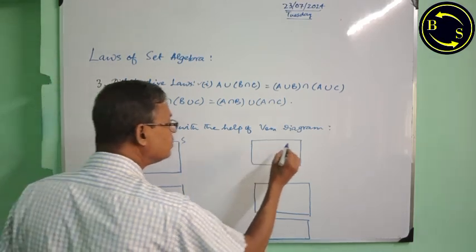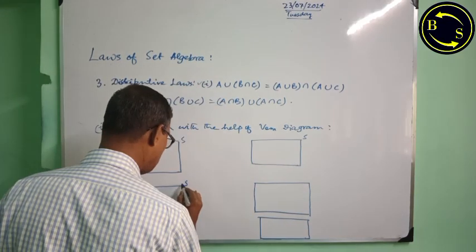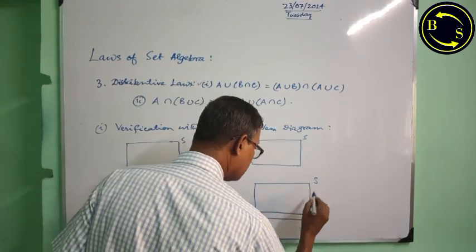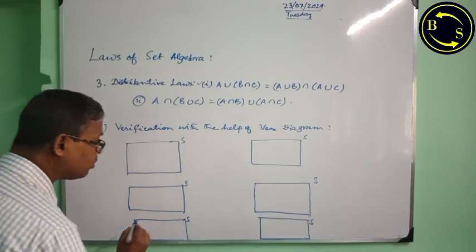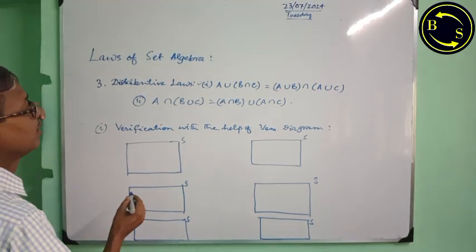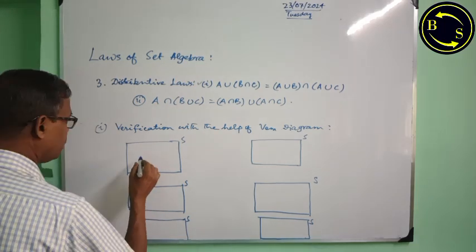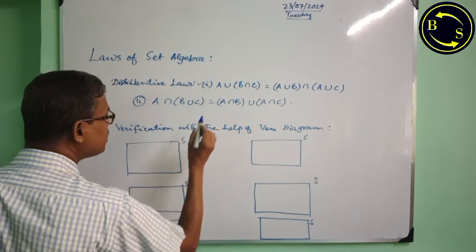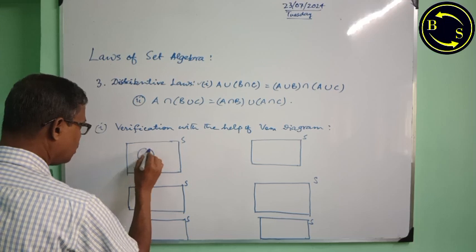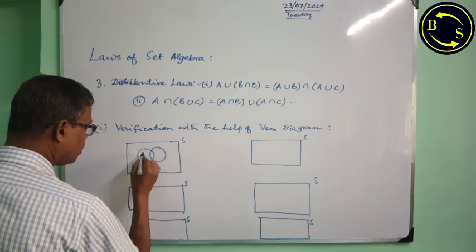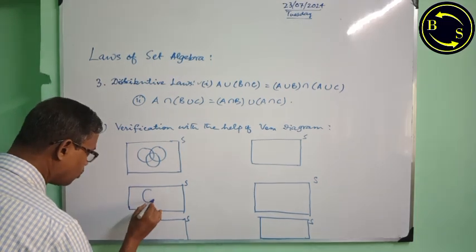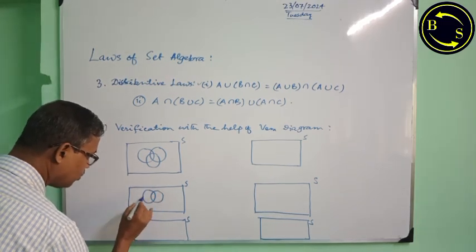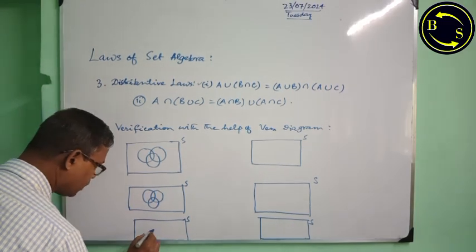All these are universal set. You mention those outside the box. ABC sets are there. First you draw these round sets.